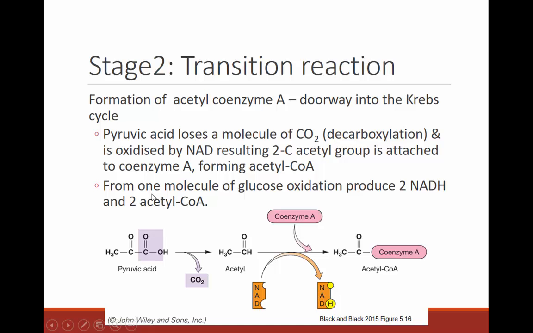What happens is you get the pyruvic acid losing a molecule of CO2, so it's decarboxylation, and then it's oxidized, resulting finally in acetyl-CoA. Okay, so you get the production of CO2 here, and then the eventual production of acetyl-CoA.